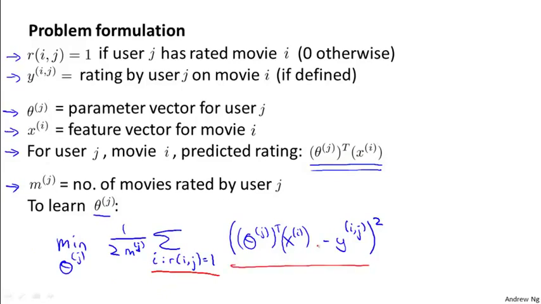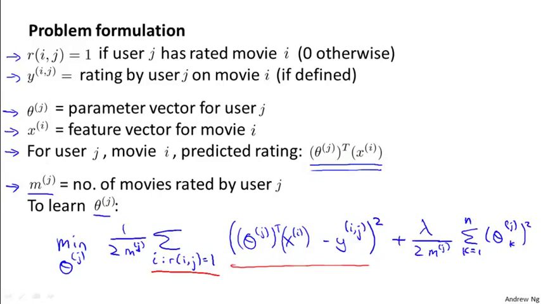And if we want, we can also add in a regularization term, so it's plus lambda over 2 mj, because it's as if we have mj examples. If user j has rated that many movies, it's sort of like we have that many data points with which to fit the parameters theta j. And then let me add in my usual regularization term here of theta j k squared.